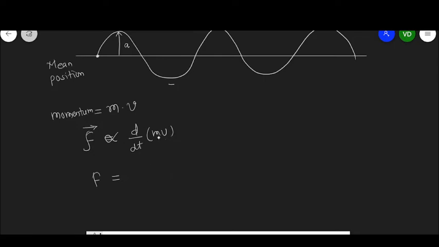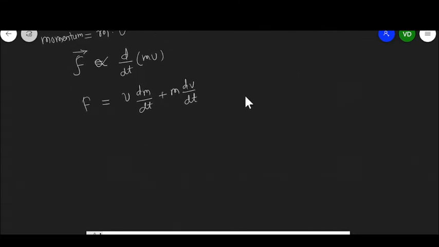If there is a case where mass is not changing substantially, so it is negligible, then you can just neglect this. Otherwise, you can write v dm by dt plus m dv by dt. That is what we write as the equation for the general force.